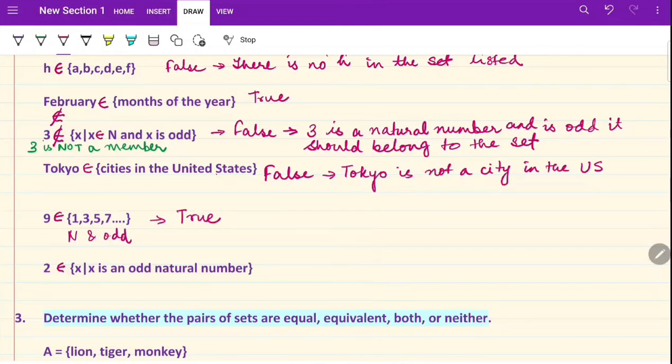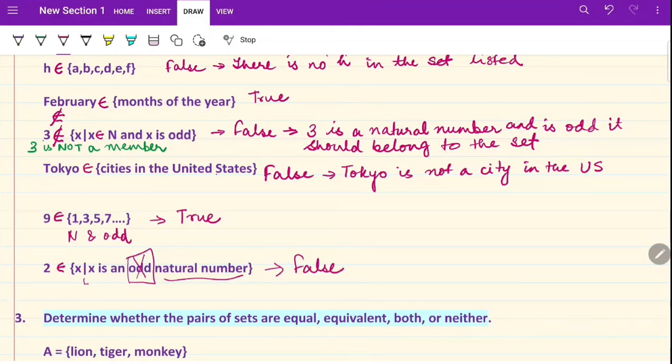And then finally, we have 2 belongs to the set of X such that X is an odd natural number. This is also false because, yes, 2 does belong to the set of natural numbers, but 2 is not an odd value. 2 is an even value, right?